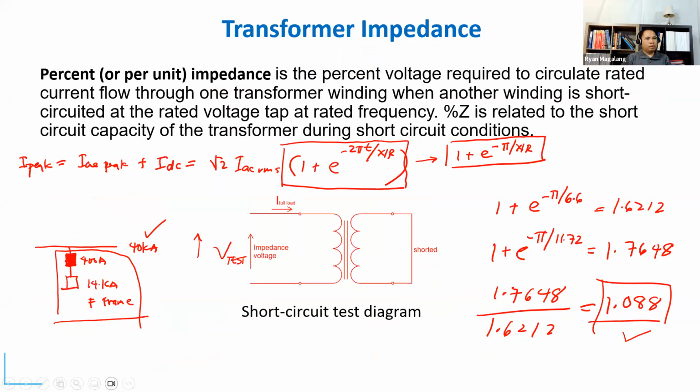What else do we have here? So there are also series rated panels, but they must be UL tested combinations. So they have to be certified by UL. What happens with series rated panels is essentially you have, let's say, a 22 kA main, and then you have 10 kA branches.